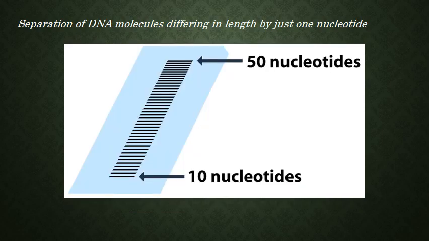Polyacrylamide gel electrophoresis can resolve single-stranded DNA molecules that differ in length by just one nucleotide. This illustration shows the banding pattern obtained after the separation of single-stranded DNA molecules by electrophoresis in a denaturing polyacrylamide gel slab. The molecules were labeled with radioactive markers and the bands have been visualized by autoradiography.